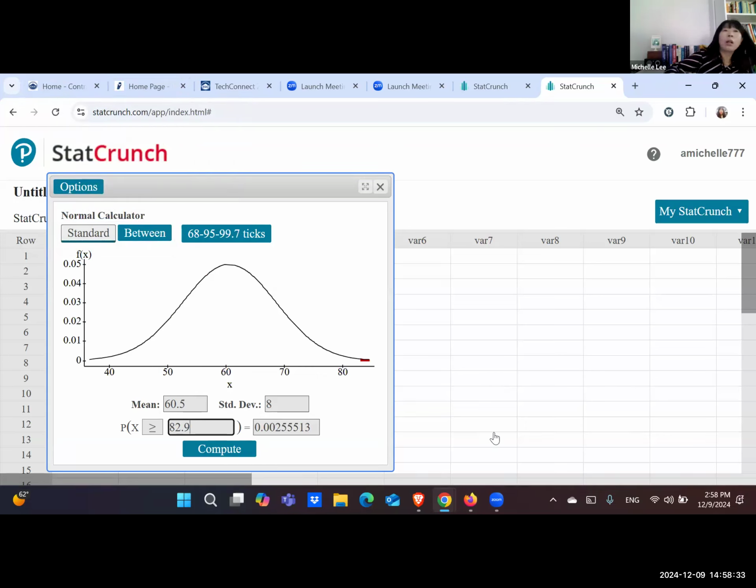So let me just copy and paste everything. That is better, right? The first option is just copy and paste, then we don't have to think about the round off. If this is not working, then we answer for decimal places. There is a second option if they don't say anything about the round off. So 0.0025553.